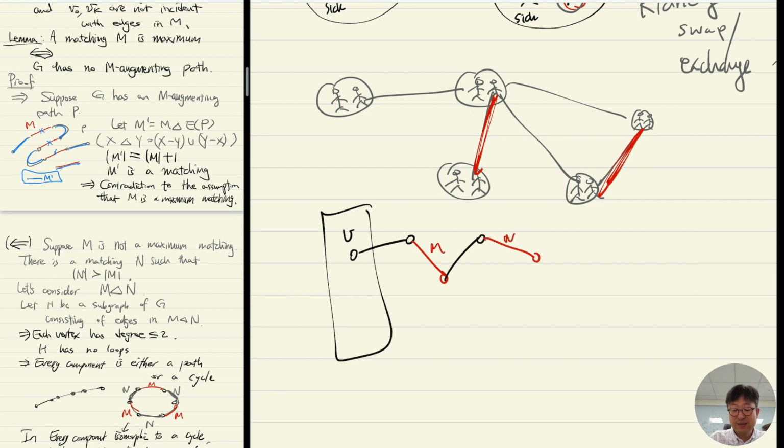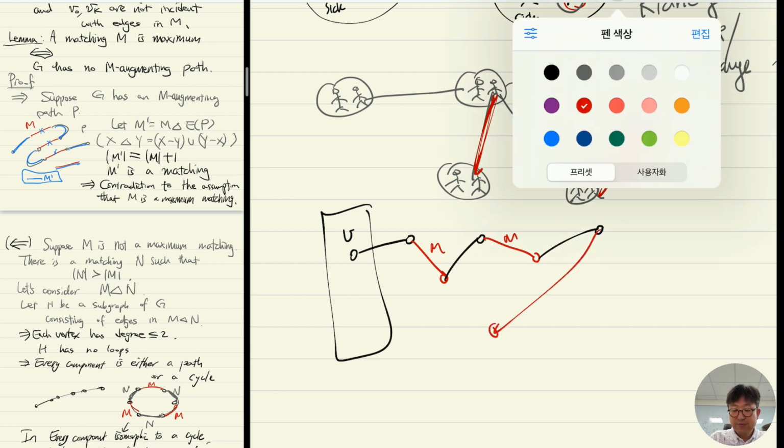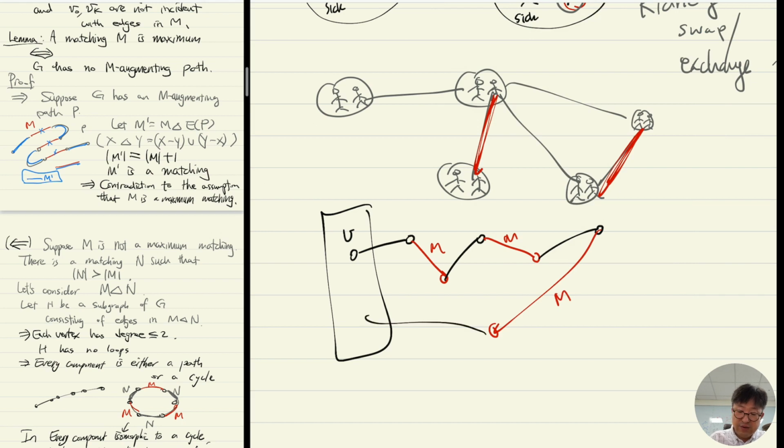This is in M, this is in M, and continue. And if I'm lucky, I will be able to find an augmenting path. If I find an augmenting path, then I'm happy, and then I can increase the size of M by 1 by deleting those red edges from my matching and adding these black edges to the matching. That will increase the size of the matching by 1.